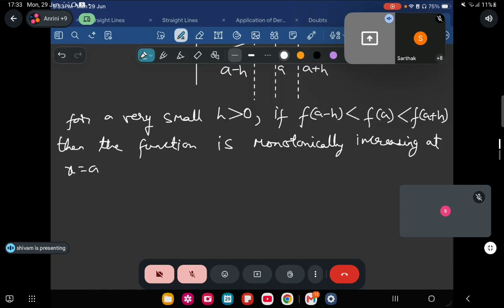The function is increasing monotonically at x equal to A.